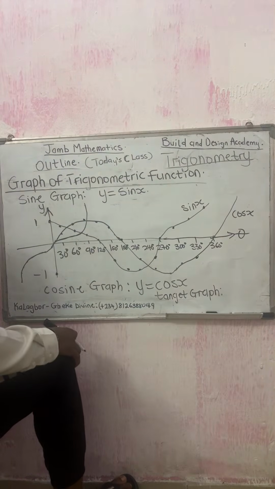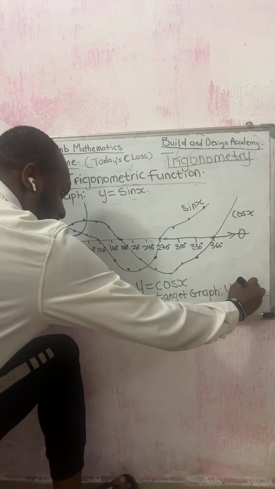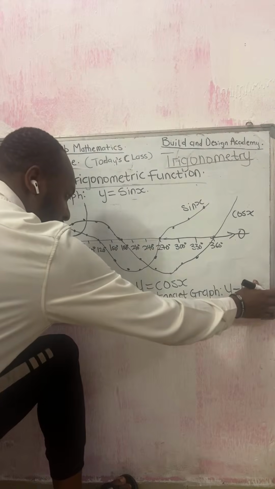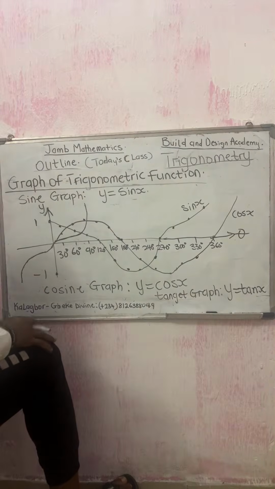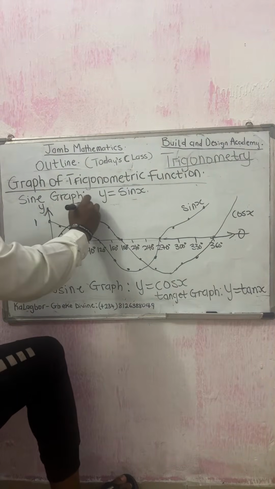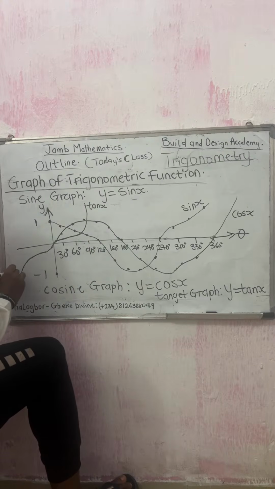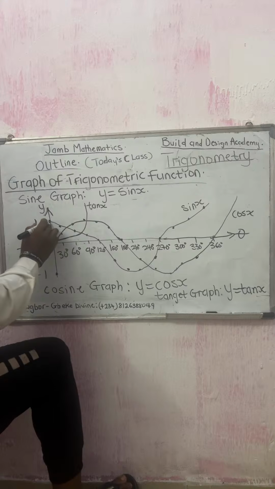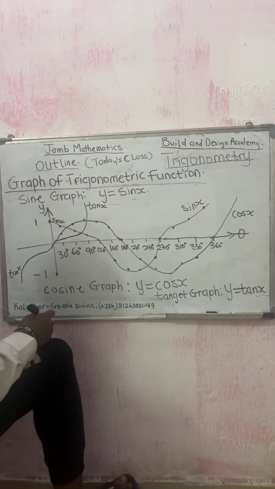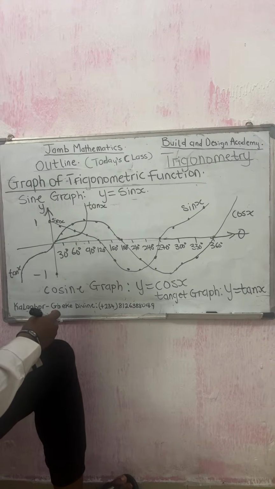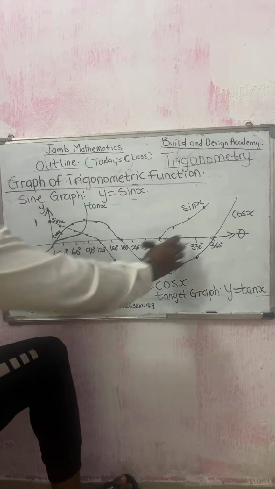And the tangent graph, y equals tan x. So we can write tan x here. This is where it's starting, tan x. For the sine graph, we started here, so you can write it here, sine x. For the cosine graph, we started here, cos x, and ended here.